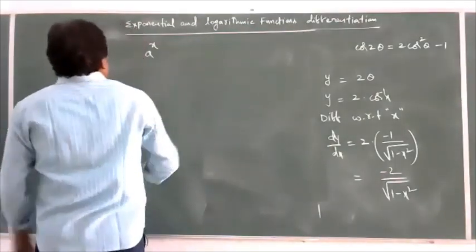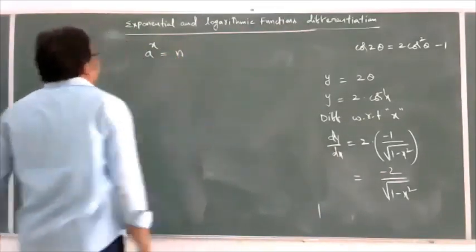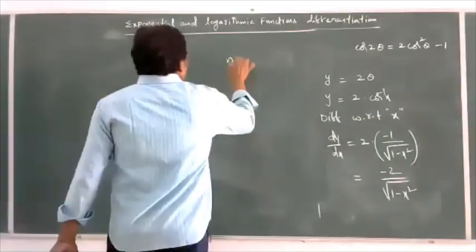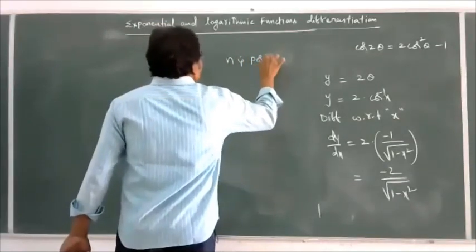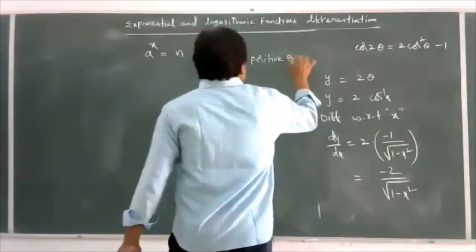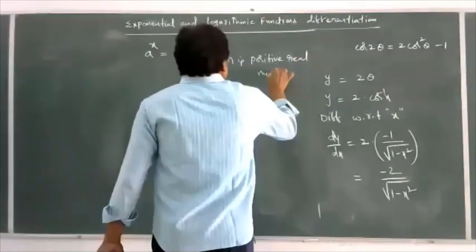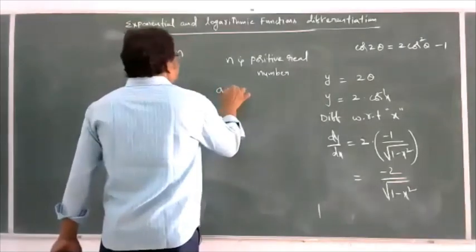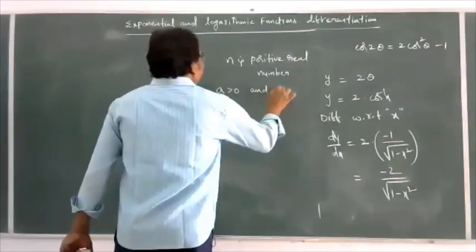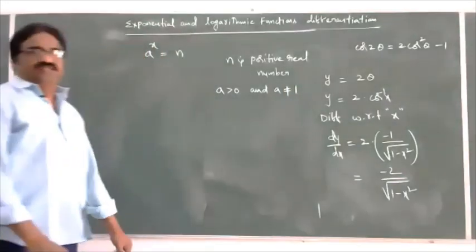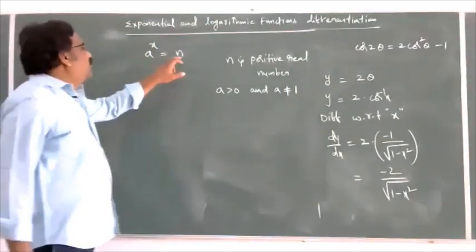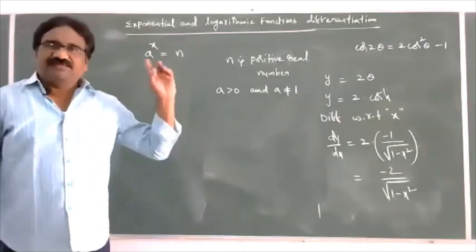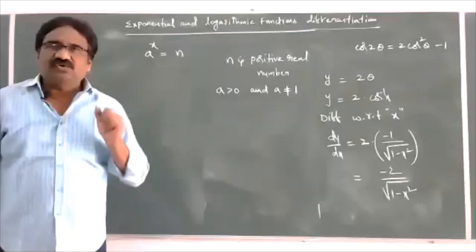For example, a power x is equal to n, where n is a positive real number and a is greater than 0 and a is not equal to 1. So a power x is an exponential function where x belongs to R.